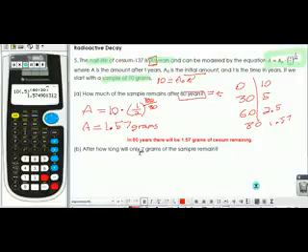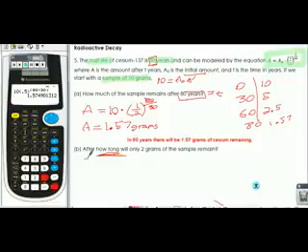Part B. After how long will only 2 grams of the sample remain? So right here, how long means that I'm solving for time. So this is different. And I want to know when will only 2 grams remain.